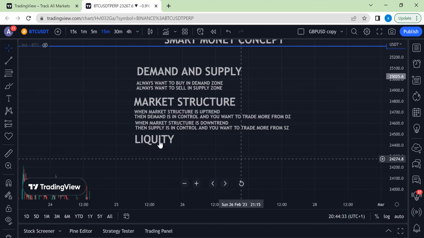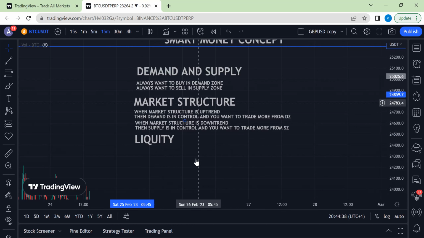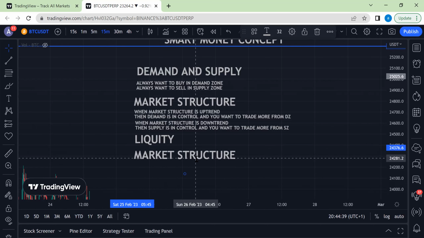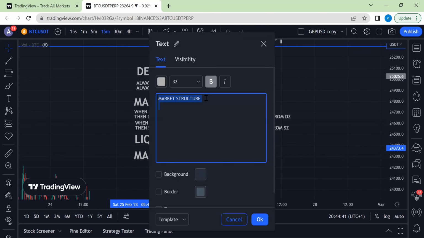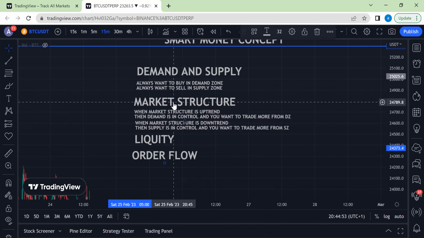So after we have spoken about liquidity, you have to understand another concept that looks like market structure. I think I'll put this immediately after market structure, and that's order flow. It will be difficult for me to explain order flow if you don't have market structure knowledge.